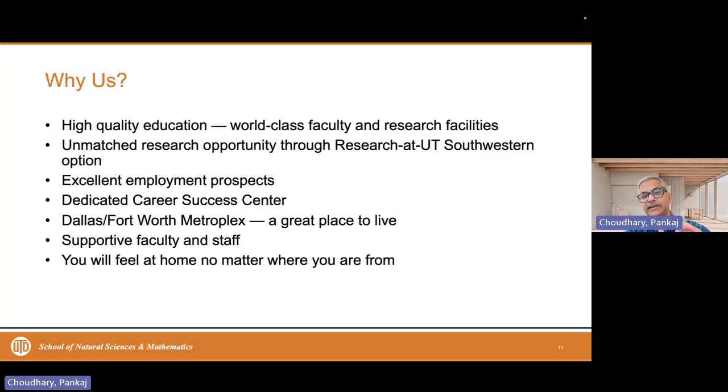So the point here is that this is a very unique program, and on top of that, you have this research opportunity to work at UT Southwestern and engage in full-time research. So this is truly unmatched in my view. And of course, once you go through the program, you will have excellent employment prospects, as we talked about. To support you, we have a dedicated career success center.